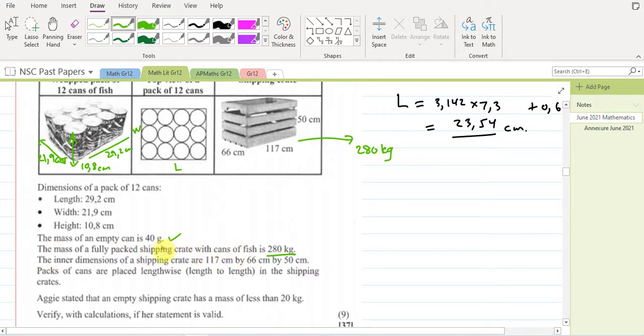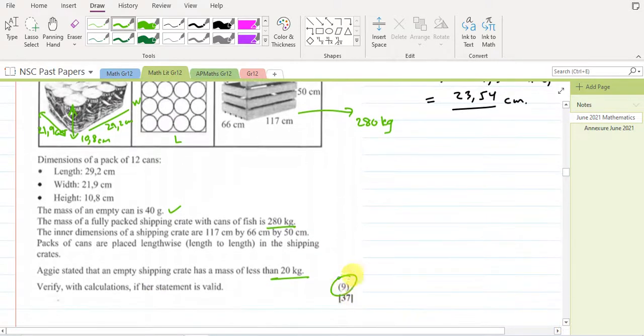The inner dimensions of a shipping crate are 117 by 66 by 50, given in centimeters. Packs of cans are placed lengthwise, length to length, in the shipping crate. The empty shipping crate has a mass less than 20 kg.